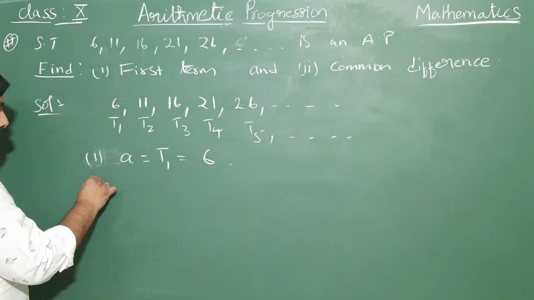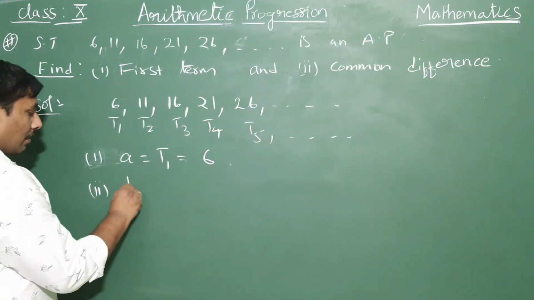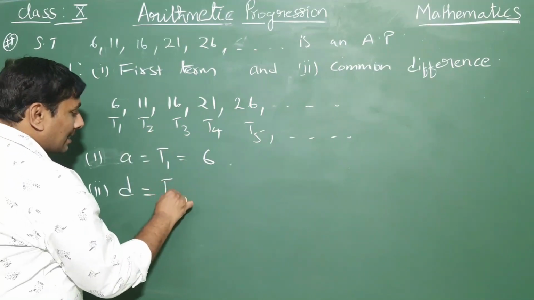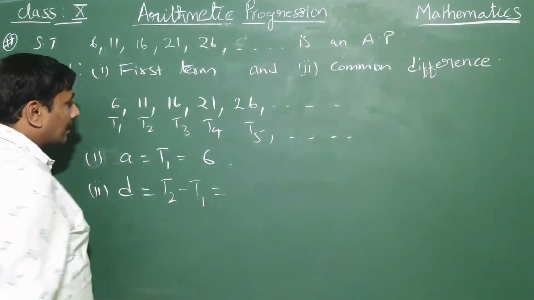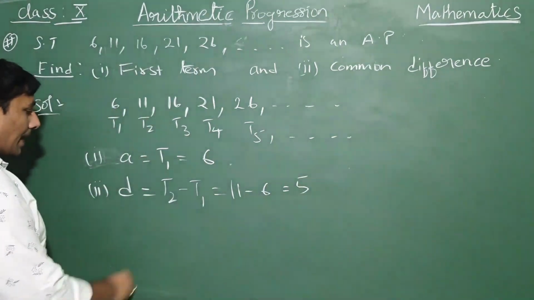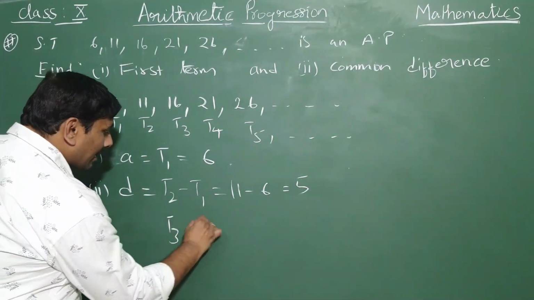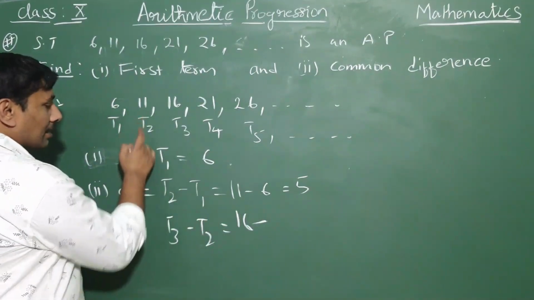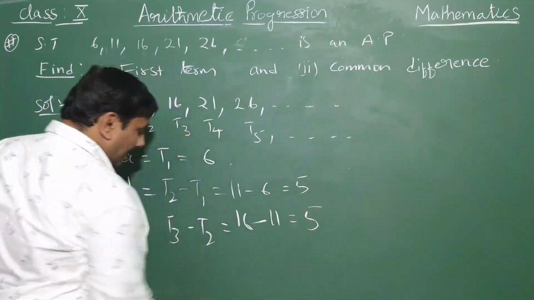Now let us do the second one, the common difference, that is D. So what is D? T2 minus T1 is 11 minus 6, which is 5. Then T3 minus T2, 16 minus 11, is 5.